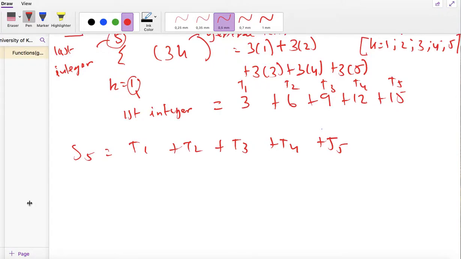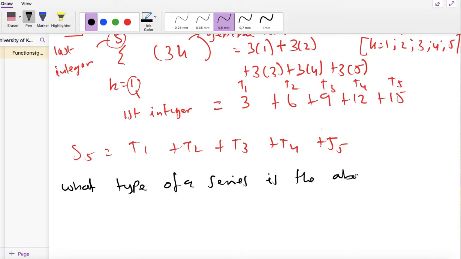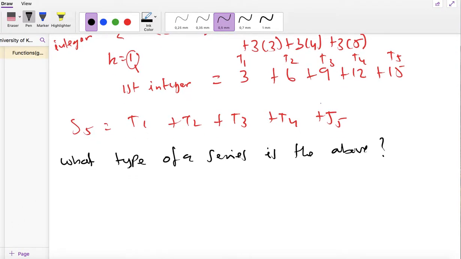So now we may ask the question, what type of series is the above? Now, what I like to do is write the series as a sequence. So I would write term 1, comma, term 2, comma, term 3, comma, term 4, comma, term 5.